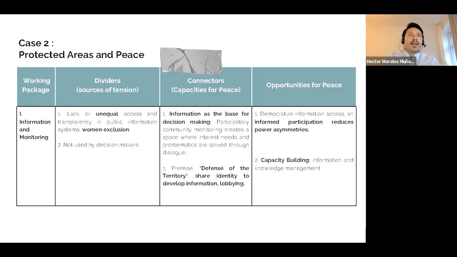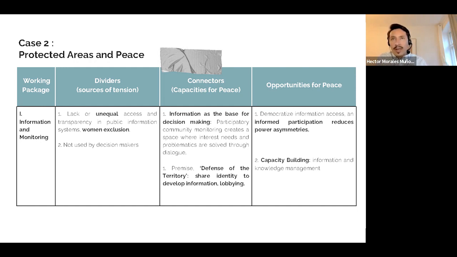Right. In the second case, one of the work packages was to create information and monitoring systems to prevent biodiversity loss. And one of the dividers, or sources of tension, that they found was unequal access and lack of transparency in public information systems. Also, women were excluded from these kinds of systems, and these systems were not used by decision makers.